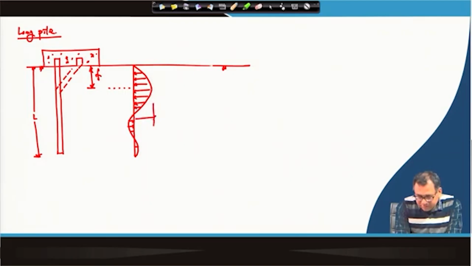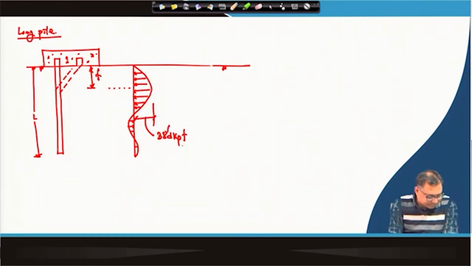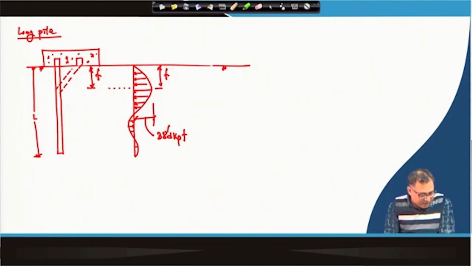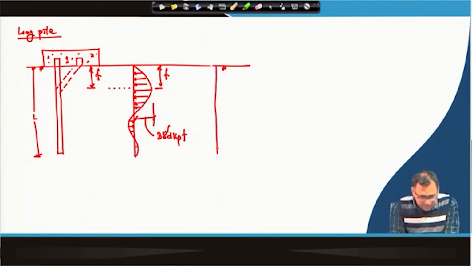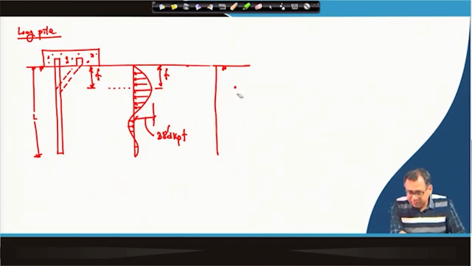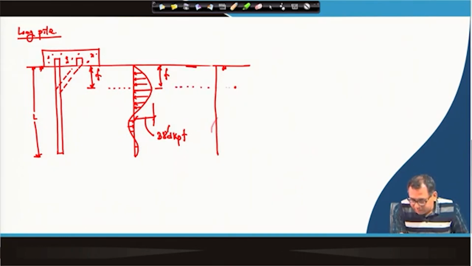And this is the value, which is 3 gamma dash d k p into f, because this is F, and this value is basically at F, where the maximum bending moment will also occur at F, and now there will be a yield moment at the surface as well as at the point F. So, this is the maximum yield moment.